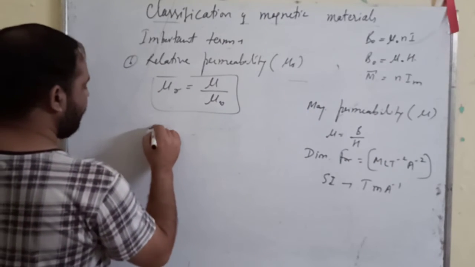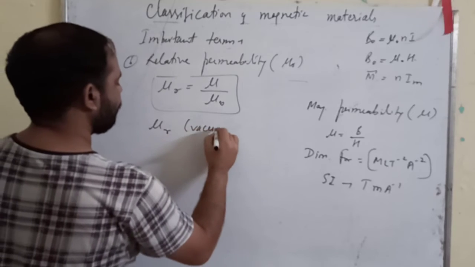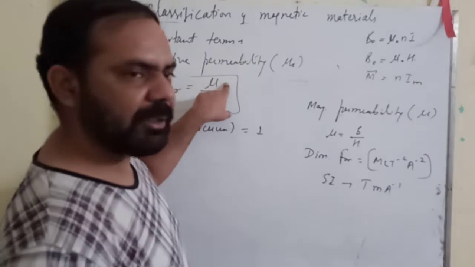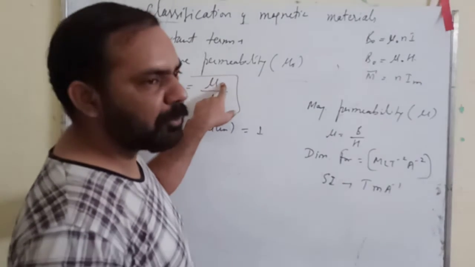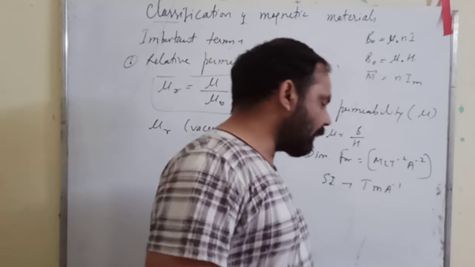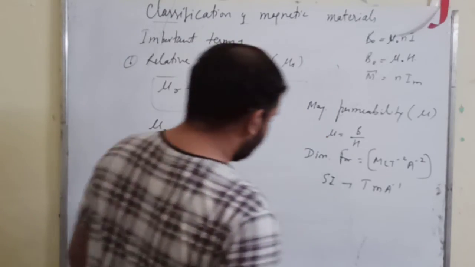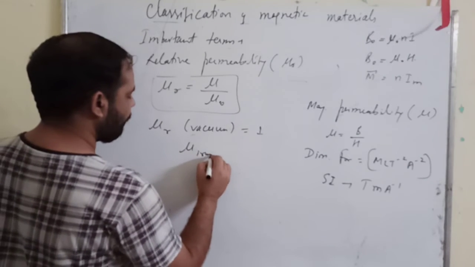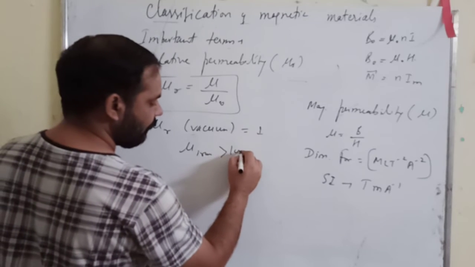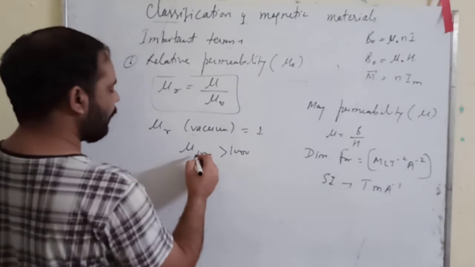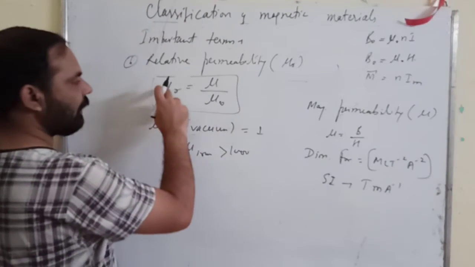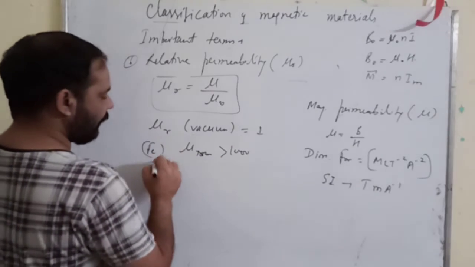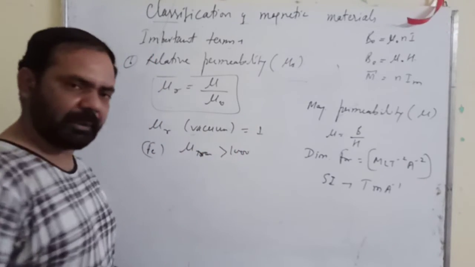And this mu r for vacuum is equal to 1, because if this is vacuum or free space, then mu naught upon mu naught will become 1 only. For example, mu r for iron is a simple ratio, and this value of mu r is more than 1000.